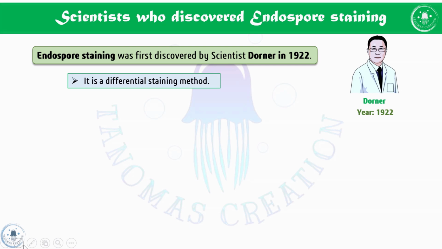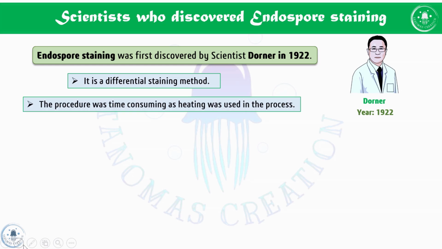From there we have learned that there are two types of staining method available: one is the simple staining method and the other is the differential staining method. The differential staining method differentiates between the structures. So endospore staining is a type of differential staining method.